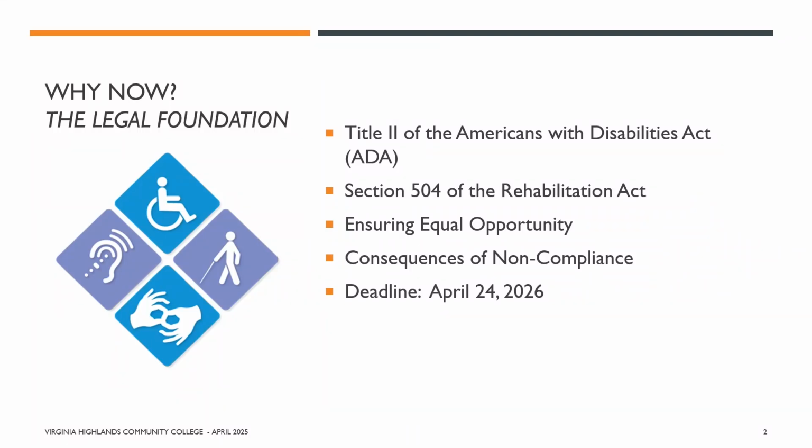Recent changes to the law mean compliance is no longer just a matter of best practice, but now it's a legal obligation, and failure to comply can result in significant consequences, including civil litigation. We currently have until April 24th of 2026 to meet these requirements.